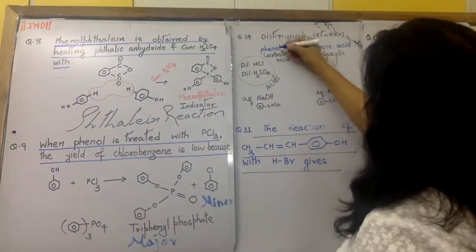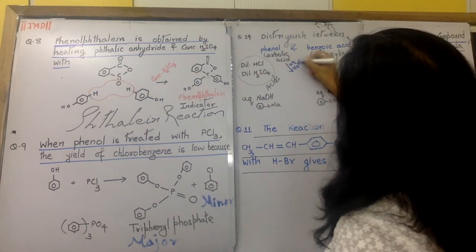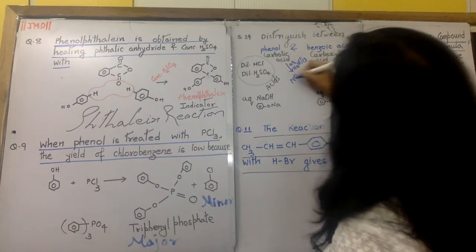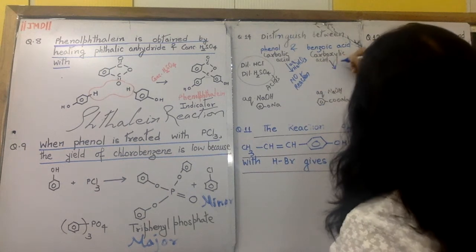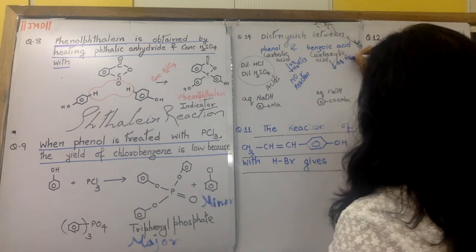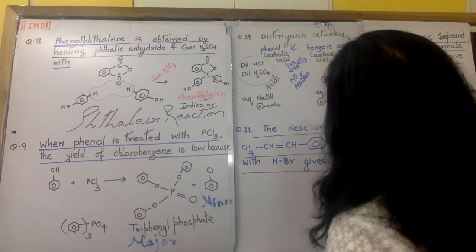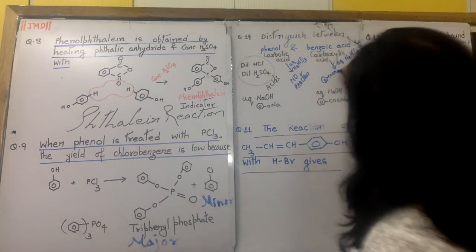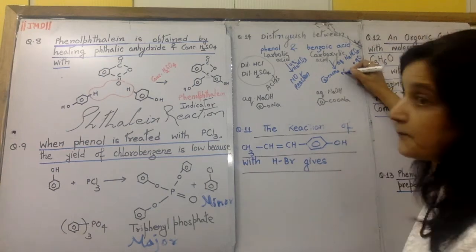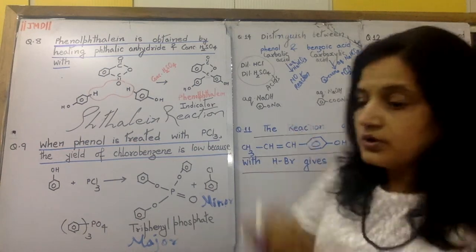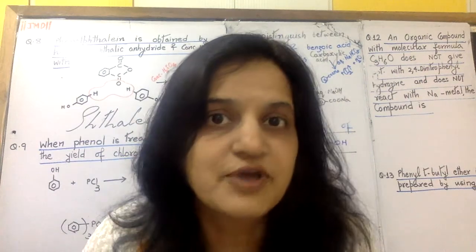The last option is aqueous NaHCO3. When I treat phenol with aqueous NaHCO3, no reaction. When I treat benzoic acid with aqueous NaHCO3, it gives sodium benzoate and water and carbon dioxide. So it gives effervescence of carbon dioxide.